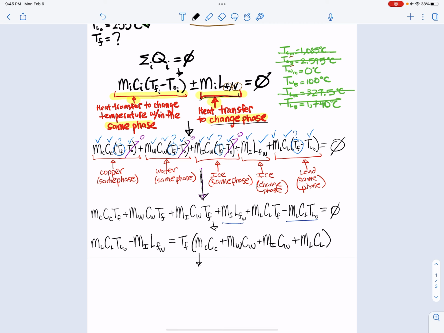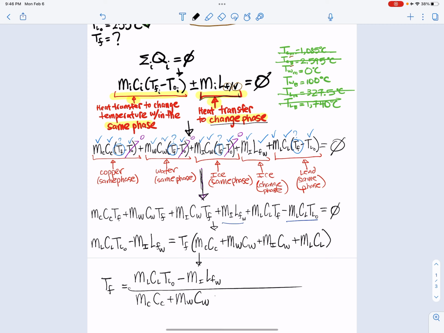So then the final temperature is equal to mass of lead, specific heat of lead, initial temperature of lead, minus mass of ice, latent heat of fusion for water, all divided by mass of copper, specific heat of copper, plus mass of water, specific heat of water, plus mass of ice, specific heat of water, plus mass of lead, specific heat of lead, okay?